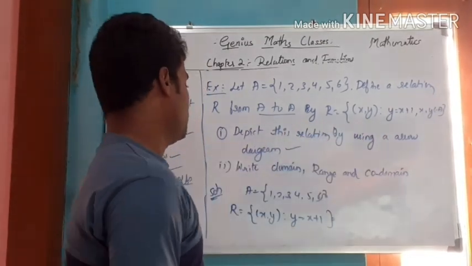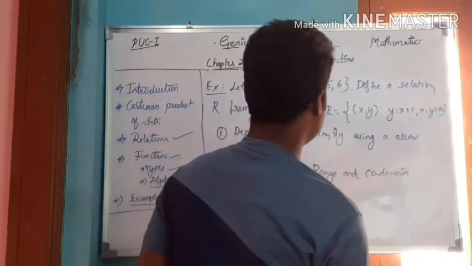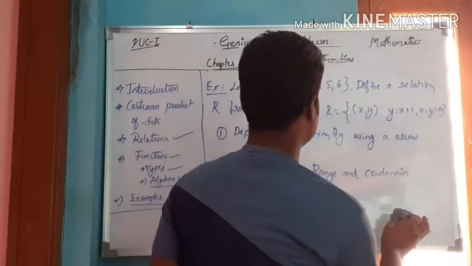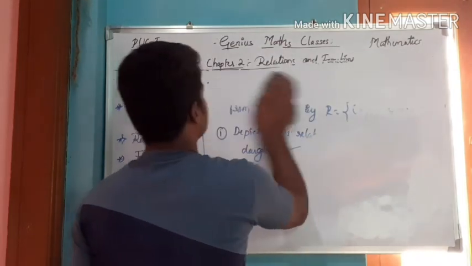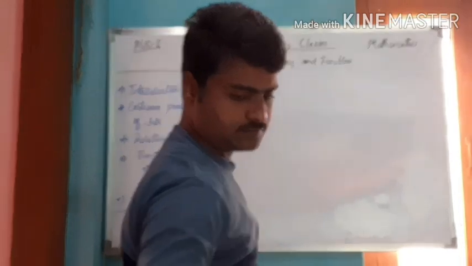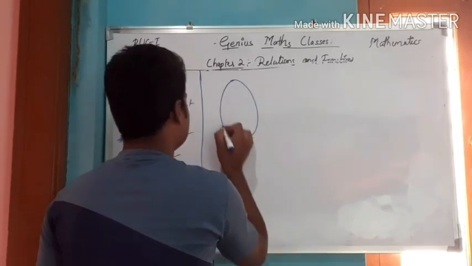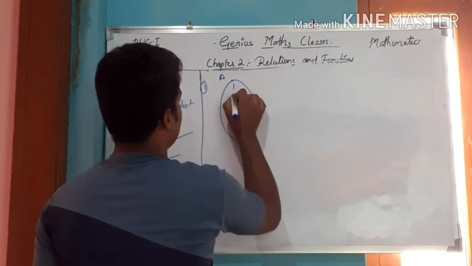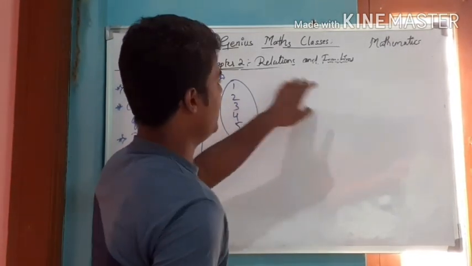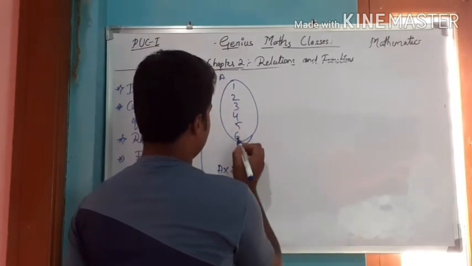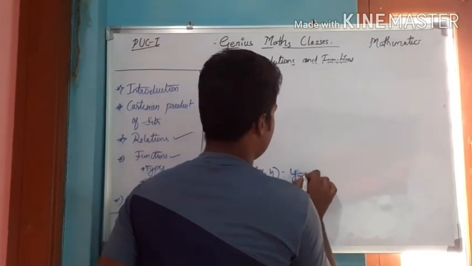Just consider the set A, and the other A cross A, that is nothing but another R. What is given? (x, y) such that y equals x plus 1.